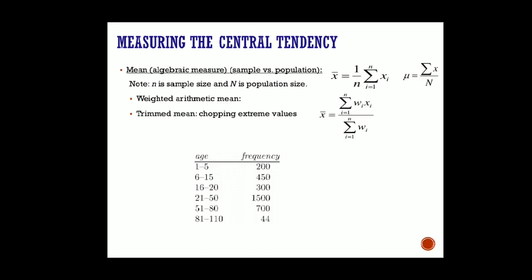Now the trimmed mean is much better than the previous two. What does the trimmed mean do? As I was saying in the case of the mean, there can be values, say the extreme right value, that are not within the group and vary by a huge range from all the other data present in that set.